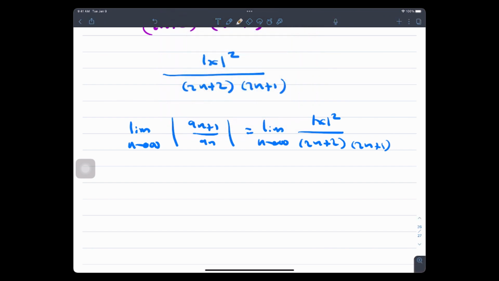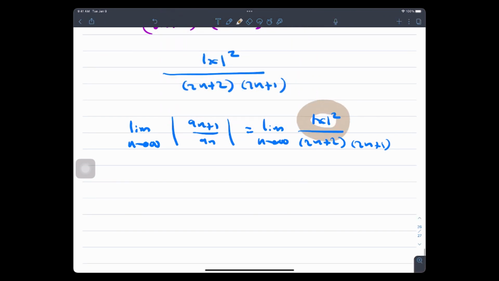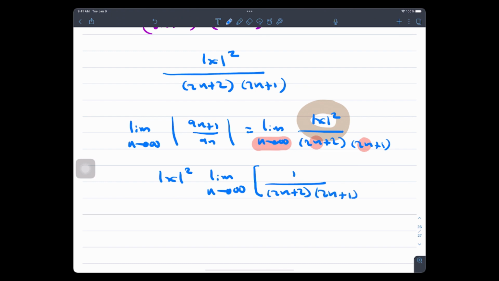Now again, you got a nice constant here because the limit is about what? N. So I can pull out, again, the absolute value of x squared times the limit, n goes to infinity, of 1 over 2n plus 2, 2n plus 1.